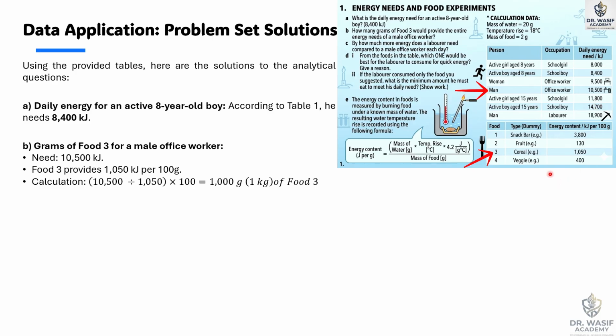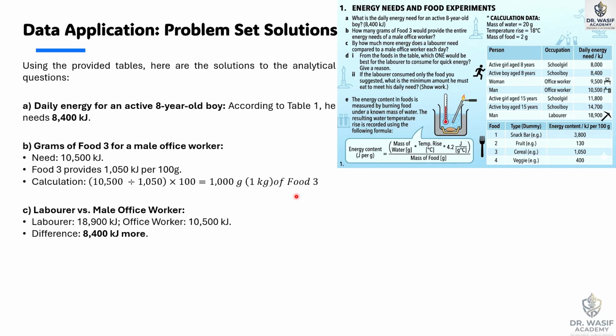Next we look at table 2, and there we see that food 3 gives us 1050 kilojoules per 100 grams. To find out how many grams he needs, we divide his total requirement by the food's energy value and multiply by 100, as it was done here. It means that he needs 1000 grams, means 1 kilogram of food 3.